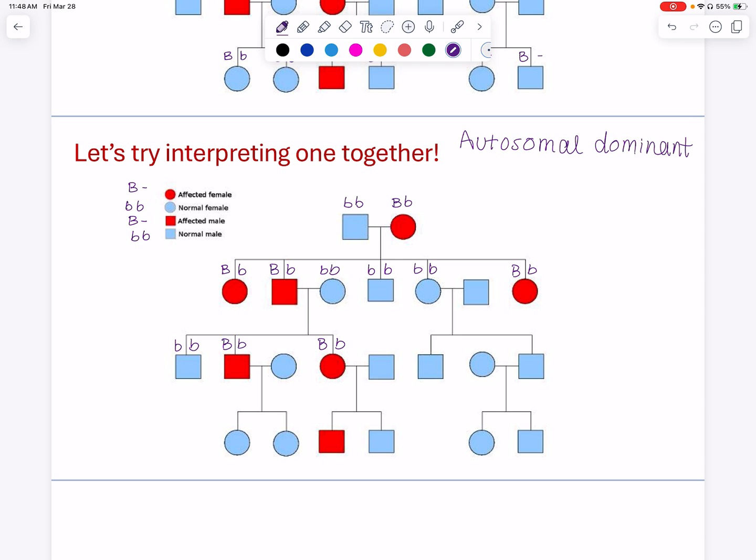For the rest of this, we can basically fill in the remainder of these traits, because anytime we have a light blue square or circle, we know that they are going to be little b, little b. And this is, in fact, going to be possible thus far if we're looking at how things can be passed down.